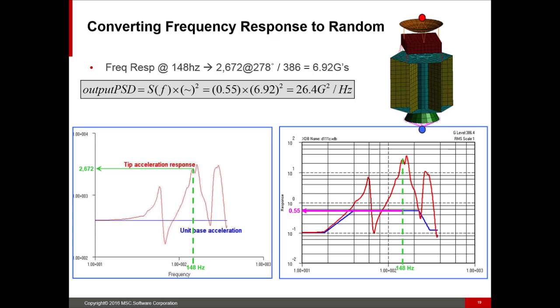Usually it could be 1 or some percentage of whatever our input is. In this case it's 55 or 0.55, and we multiply that by our G loading magnification, and that gets our G squared per hertz. So if we want to look at a particular frequency, we can take a look at the results there, and if we carry that through, we can figure out what the output PSD is for the rest of that structure.